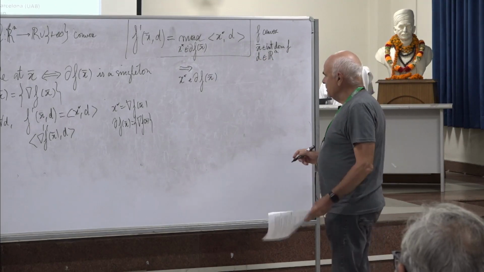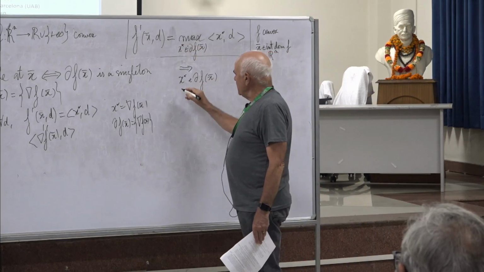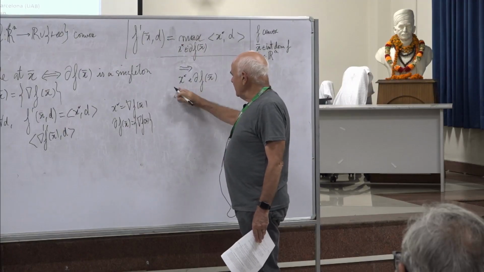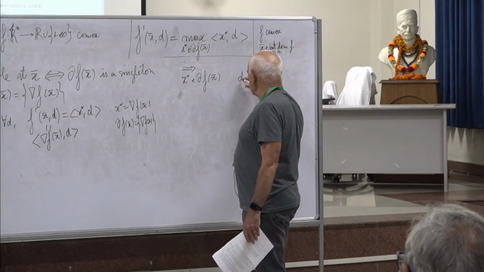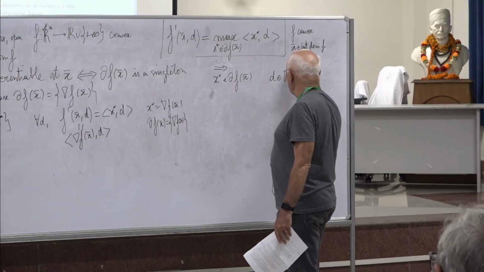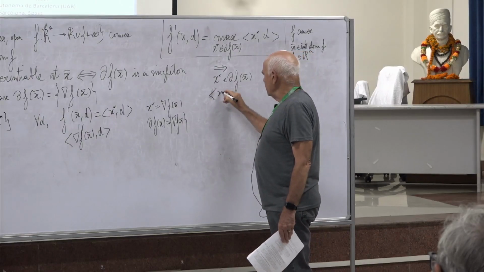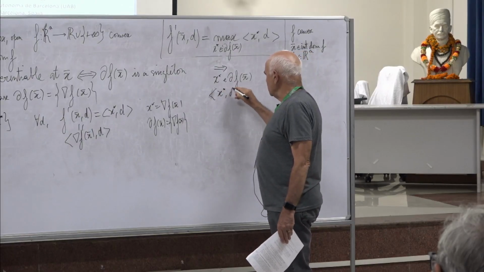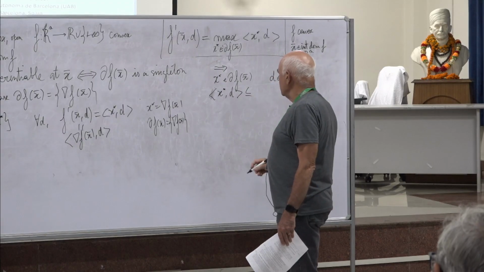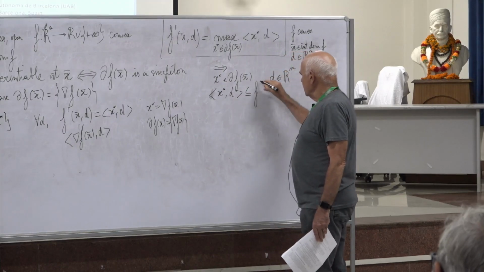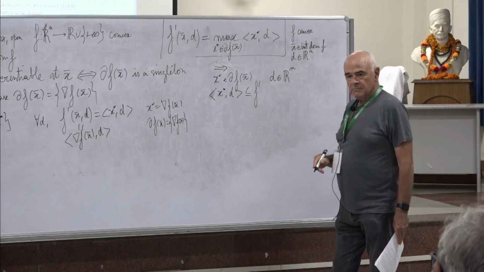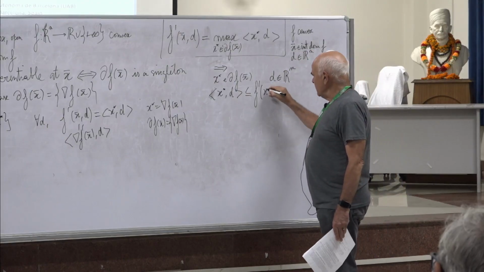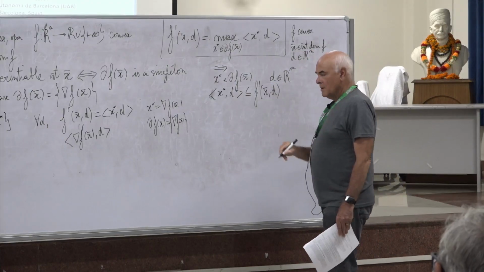And then because of this inequality, for every direction d, we have x star d less than or equal to f prime of x bar d. Okay?